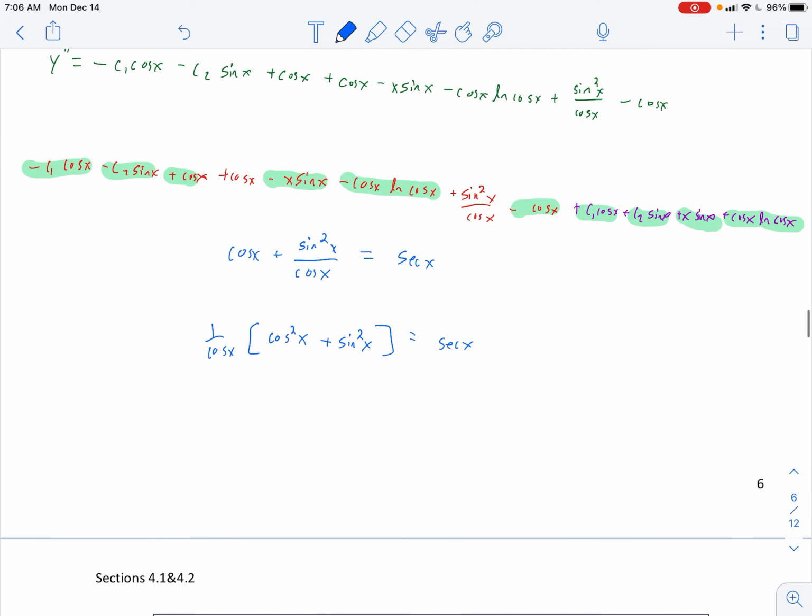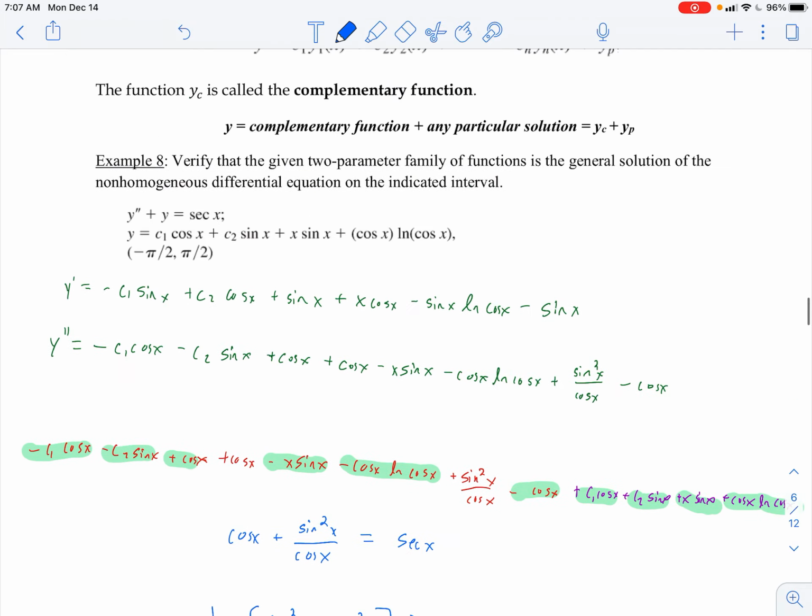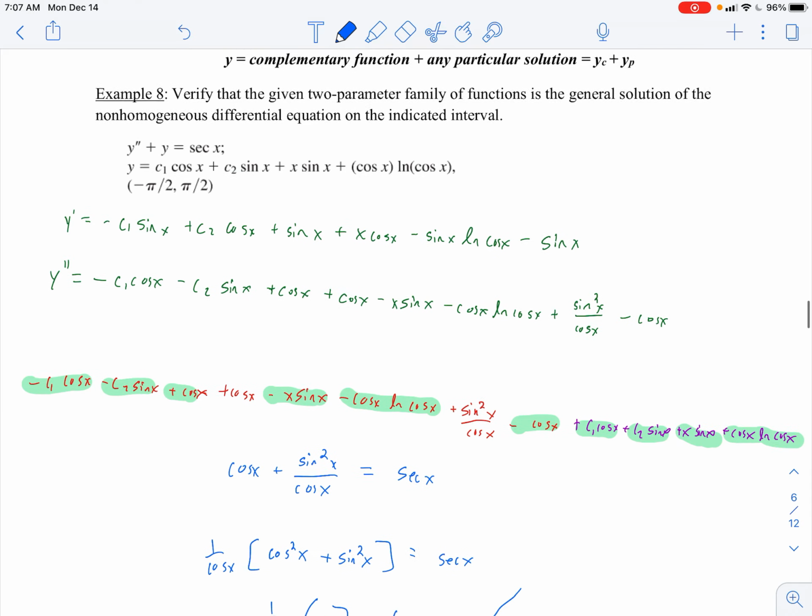Well, cosine squared plus sine squared is 1, so 1 over cosine x times 1 is equal to secant x, which is true. Right? And so we've found that that is a solution to our non-homogeneous differential equation.